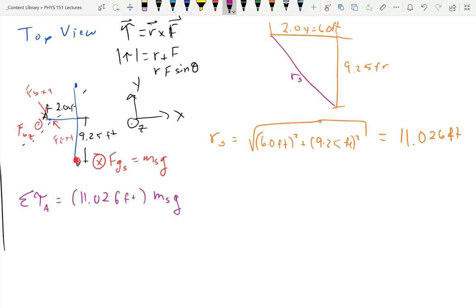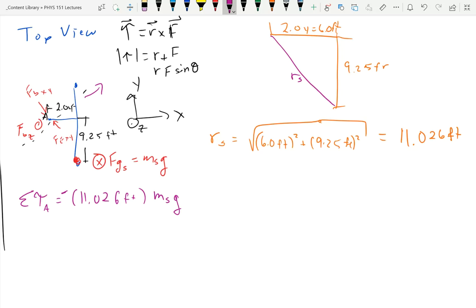And so my R is pointing like that. The force is pointing into the picture. The torque is pointing this direction. And I'll go ahead and call that a negative torque. It kind of comes down to how you want to define what direction is positive and negative.